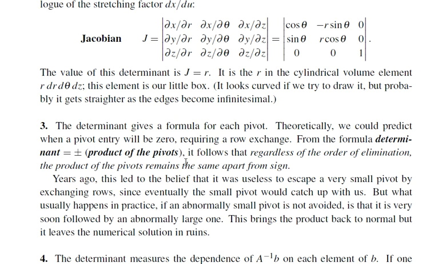When there is no pivot element in a position because it is 0, we can go for a row exchange. Even though we do some row exchanges, the product of the pivots is going to remain the same, and the determinant is equal to the product of the pivots.